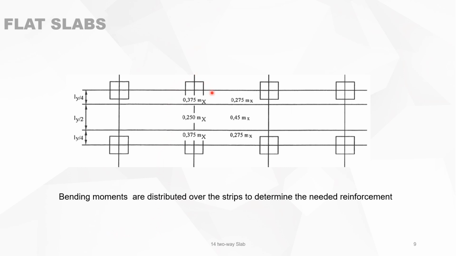For the hogging bending moments, you have a distribution according to the figures mentioned here. And for the sagging bending moments, you also have a distribution with the figures mentioned here. And the width of the strip where you redistribute the bending moments is given by this quantity.